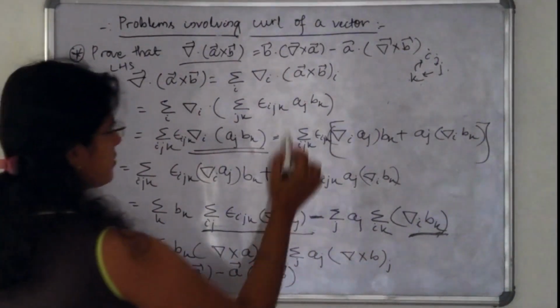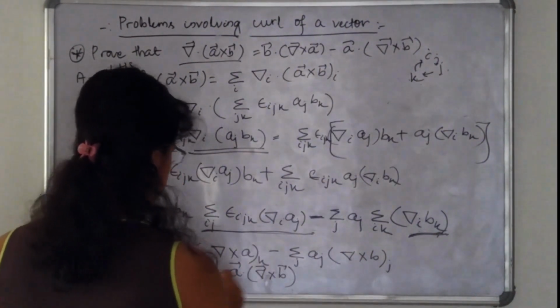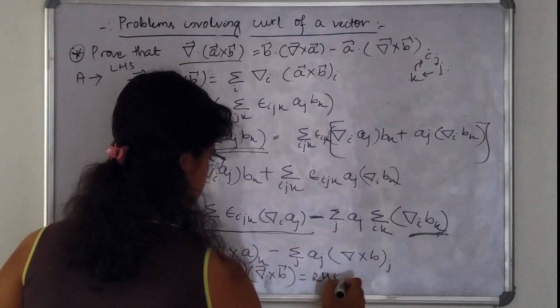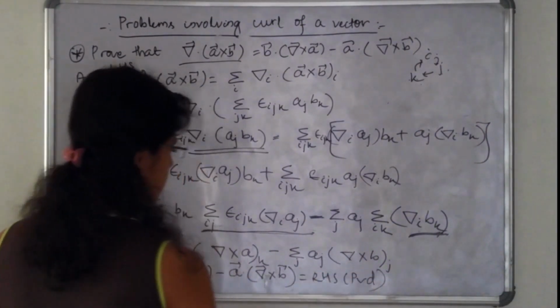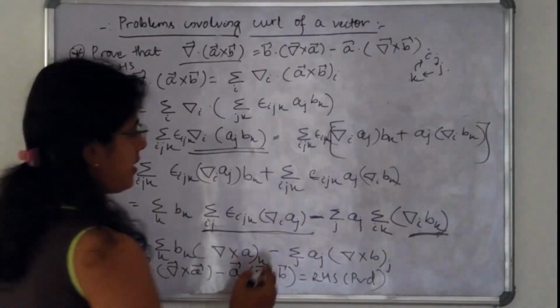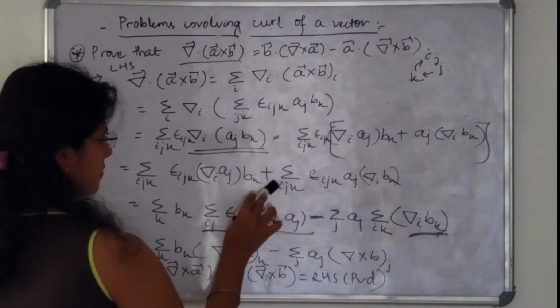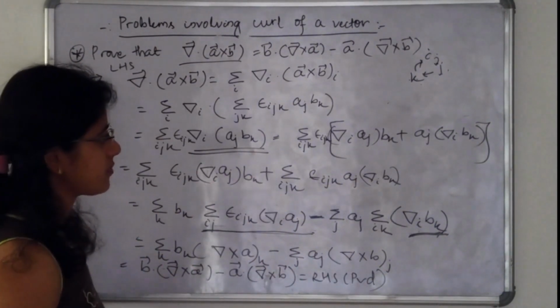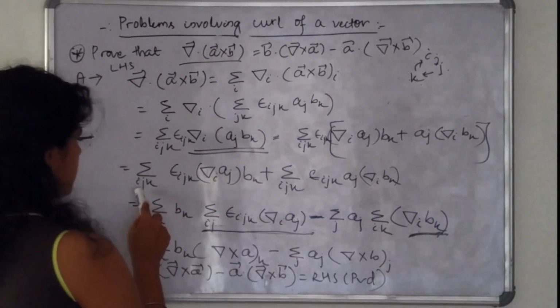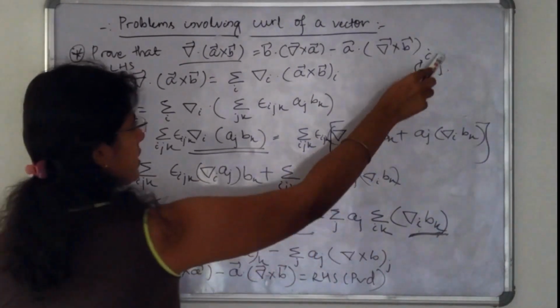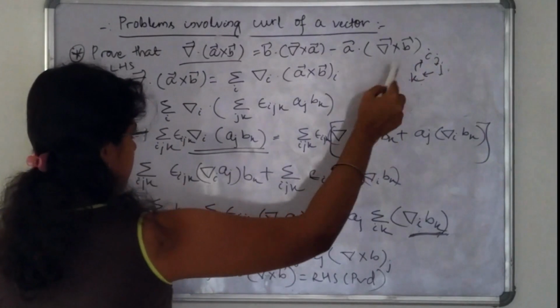So it is equal to RHS. I am explaining to you why this is the minus term in place of the plus term. So here you can see this thing is completely in order like ijk.